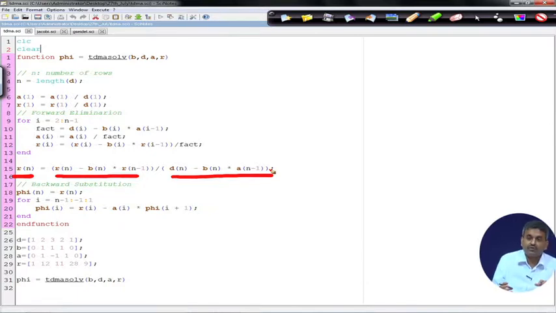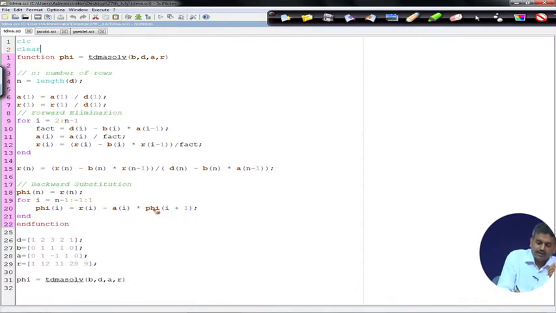Now, in the backward substitution process, phi n equals r n. That is similar to our Gauss elimination, but in Gauss elimination you need information about all previous variables, whereas in this case only the immediate variable, that is phi I plus 1, is required, because we are moving in the backward direction.